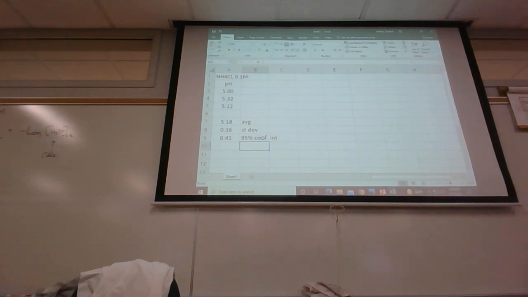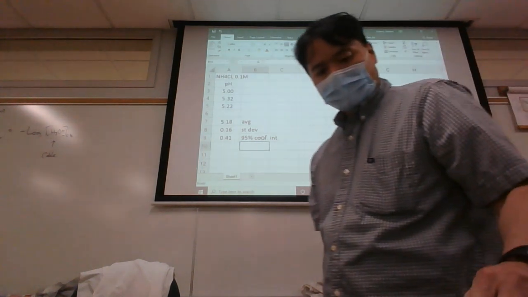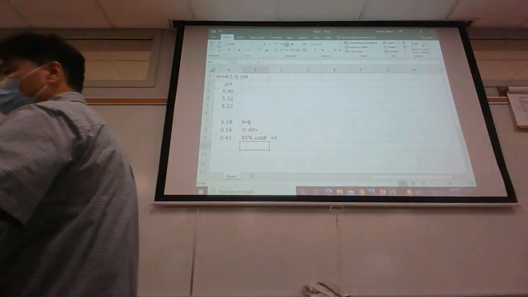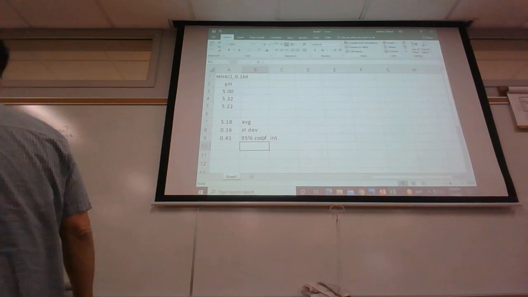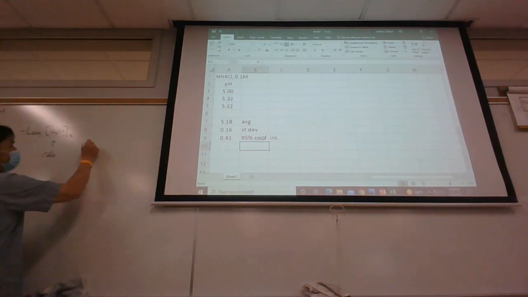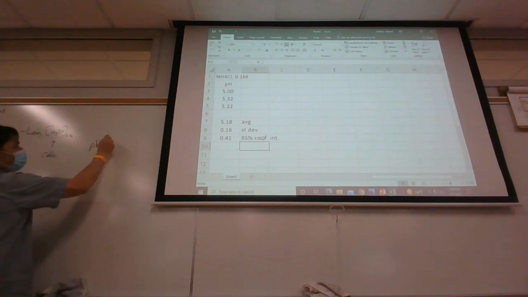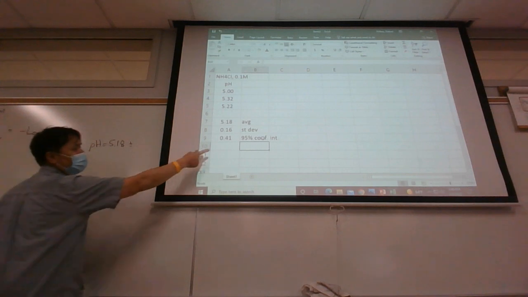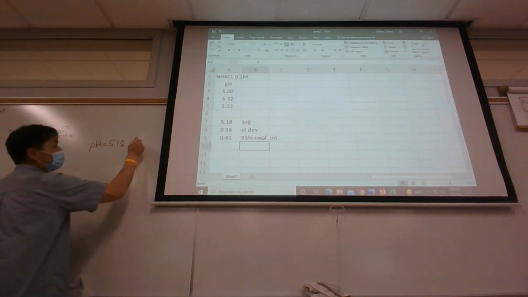All right, so this is what that means here. You look at the range here. We got a pH. The pH is 5.18 plus or minus the 95% confidence interval, 0.41.